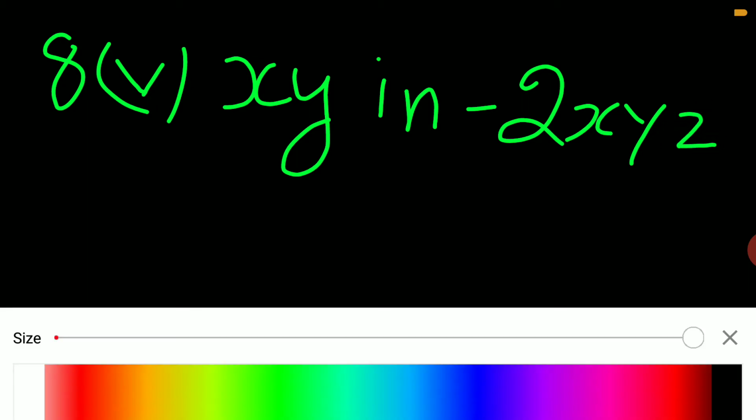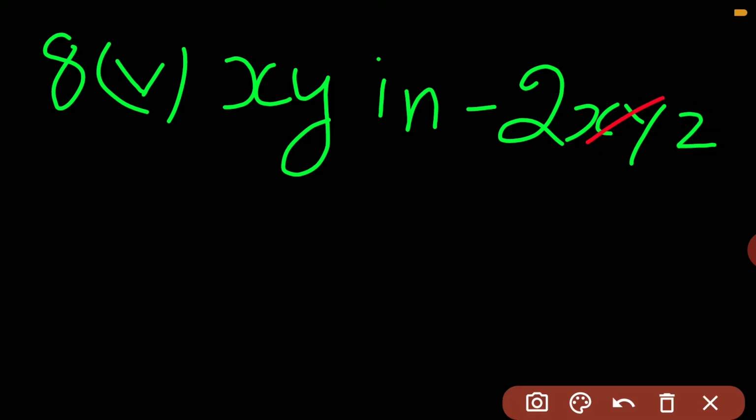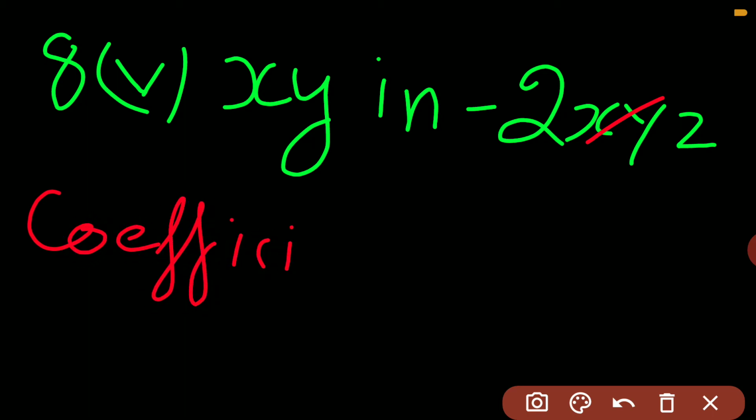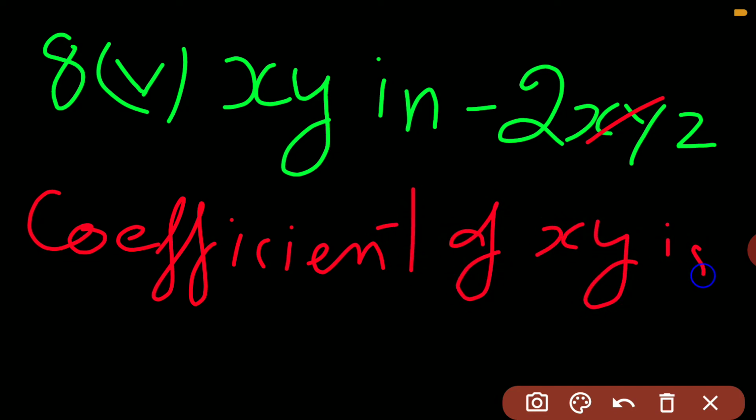Suppose we scrap out yz, so what will be the remaining thing here? Minus 2z. So coefficient of xy is minus 2z, right? So this is how we are supposed to do number 8.5.